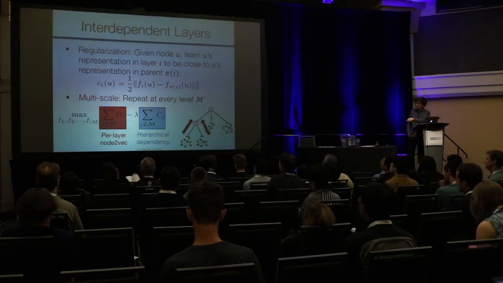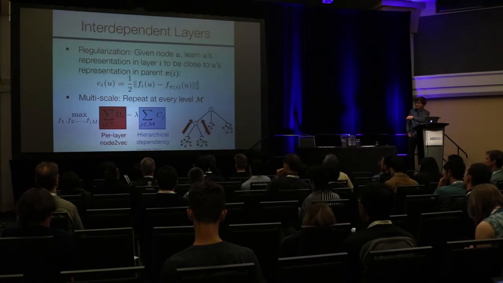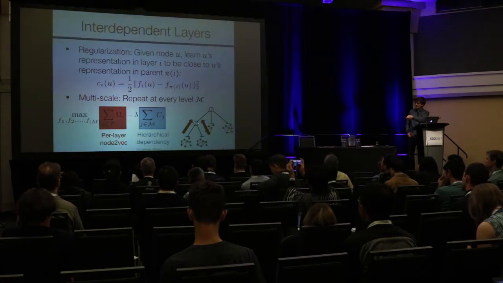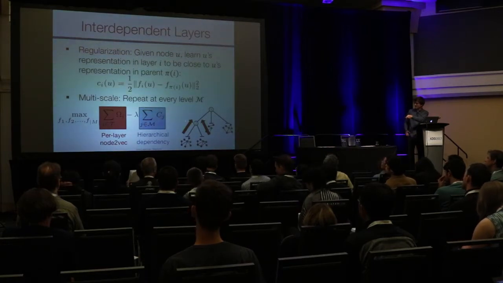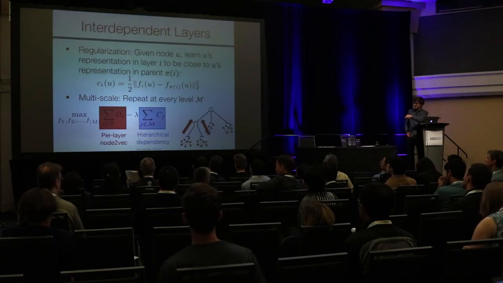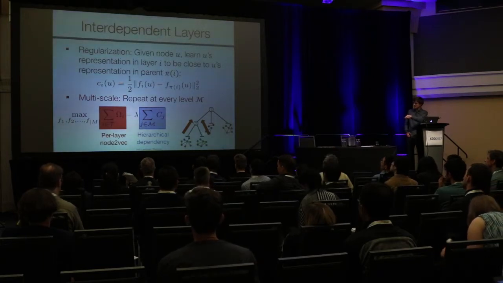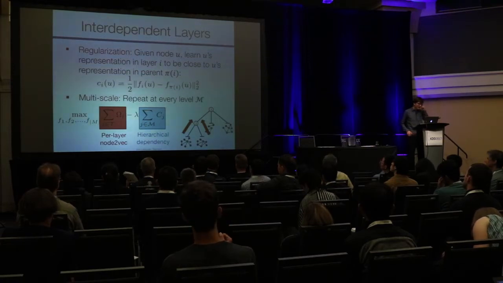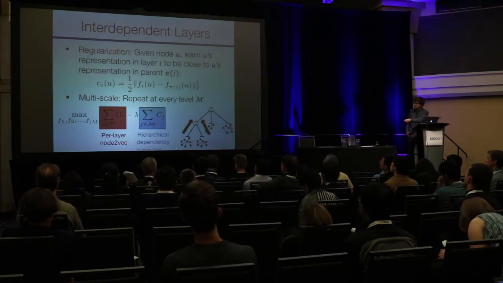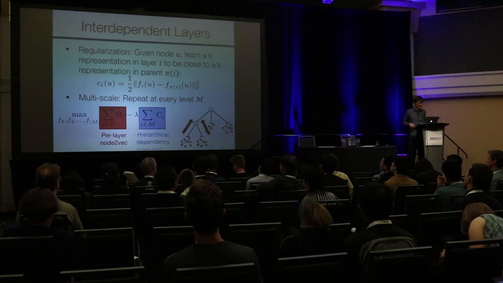So for example, I'm learning the positions of the nodes at the leaves, but I'm also learning a fake representation of node u in the inner elements of the tree, such that it is in some sense an average of the positions in the children layers.